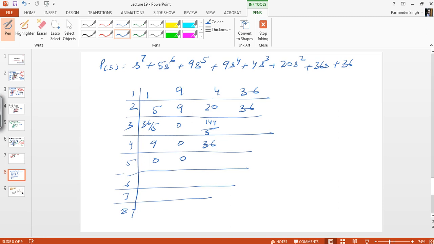So now what we do is we prepare an auxiliary equation from the entries in the fourth row. The last entry will be the constant, so 36, then this 0 is the s^2 term, and this is 9s^4. So that's our auxiliary equation: 9s^4 + 36 = 0.